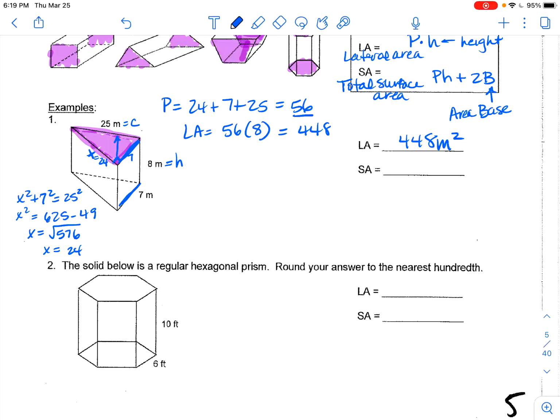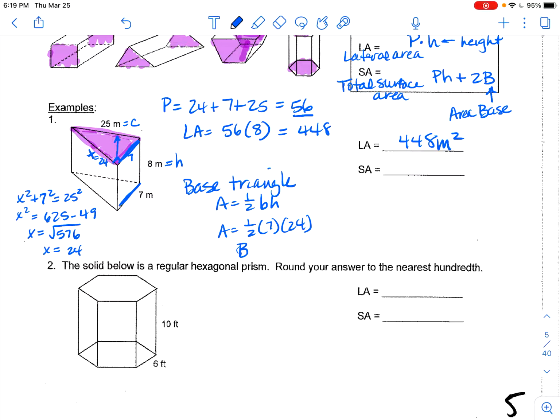Now, to find the surface area, I need to find the area of the base. We know that the base is the triangle, and its area is 1/2 base times height. So 1/2 times 7 times 24. Half of 24 is 12, times 7, and that's 84.